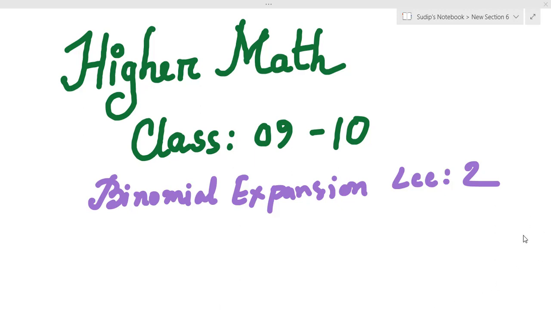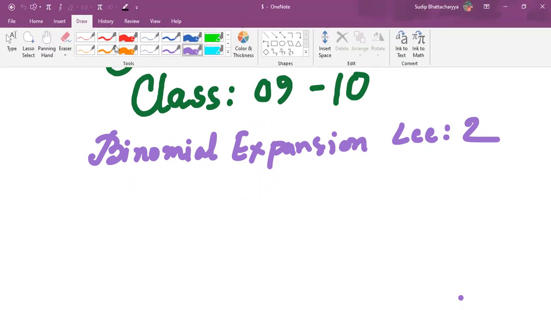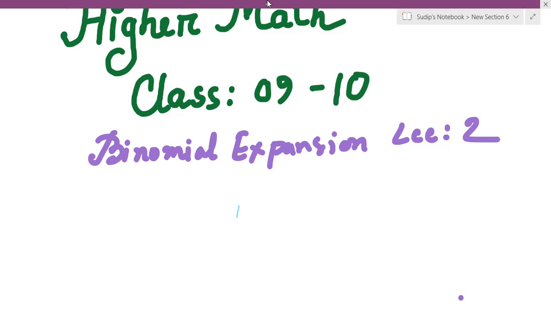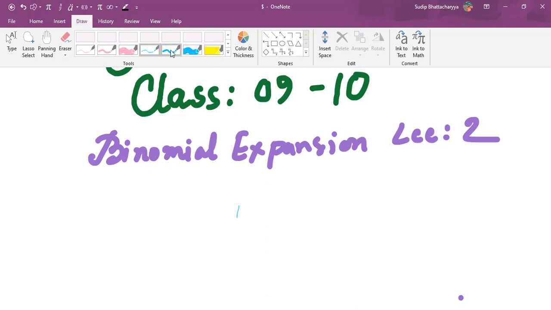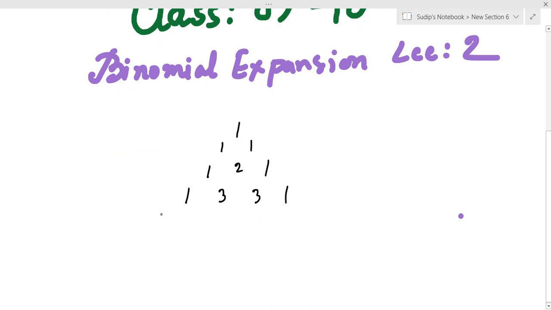In the last class, we discussed that Pascal's triangle is like this: 1, then 1, 1, 1, 2, 1, 1, 3, 3, 1, and then 1, 4, 6, 4, 1.